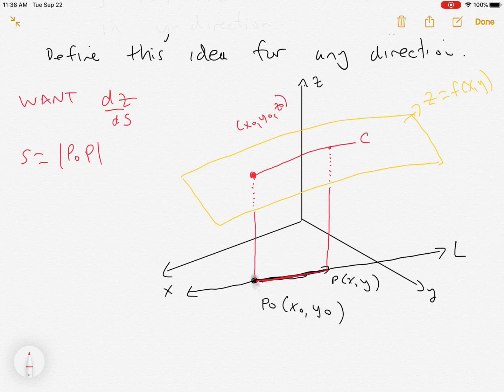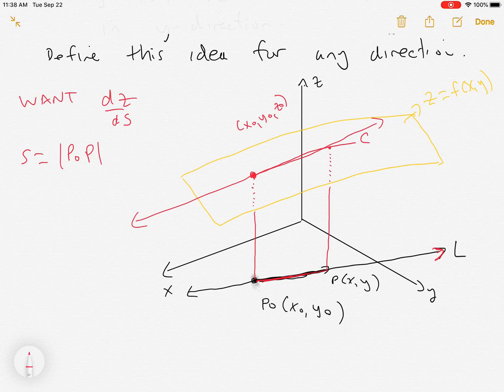So we want dz ds, the rate of change, and this will give us the derivative parallel to this line L here in this direction. So this will give us the slope of the tangent line to whatever point you're hitting on that.